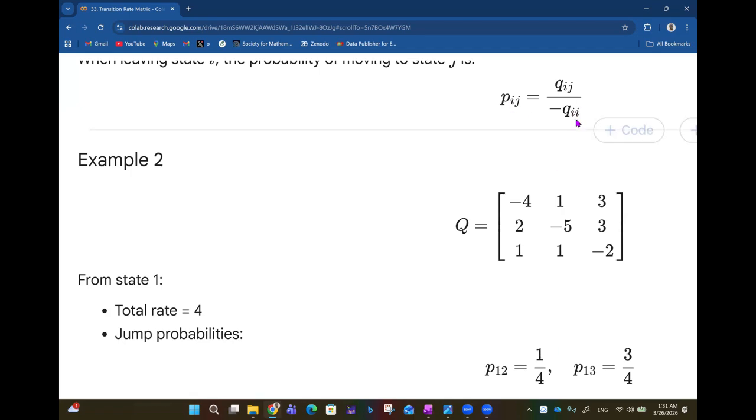Since this is from state 1, that is minus Q11, which is minus 4, so that's 1 over 4.